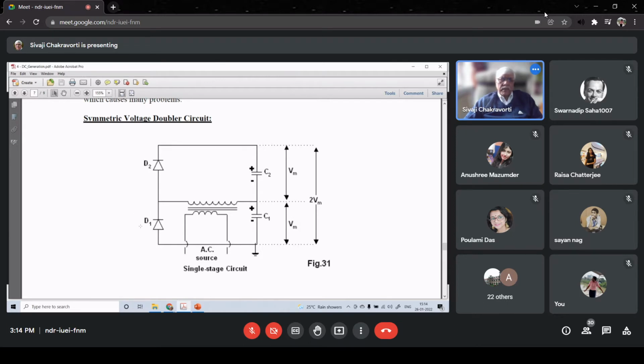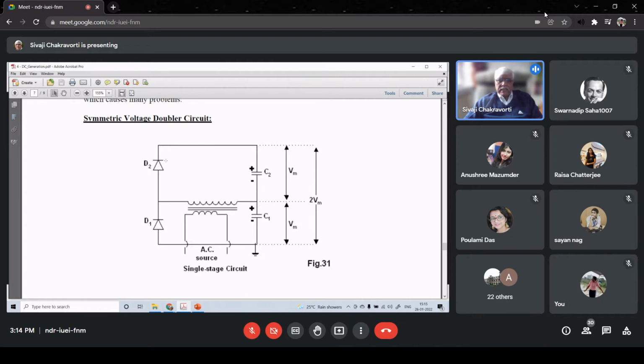So the peak inverse voltage of D1 is not Vm, but it is 2 Vm. In the same way, you can analyze the peak inverse voltage of D2. You will find that it is also 2 Vm.